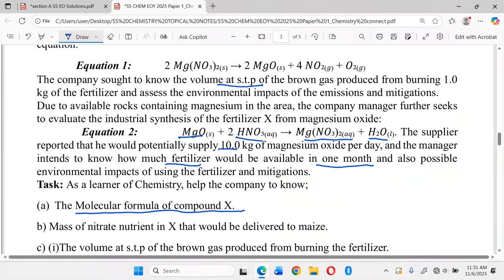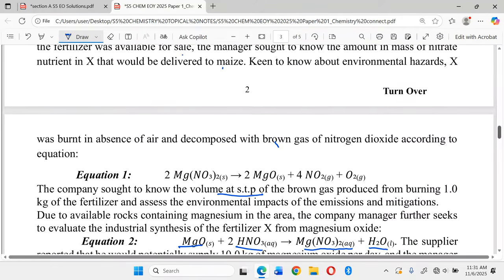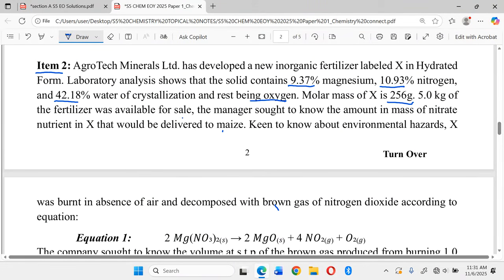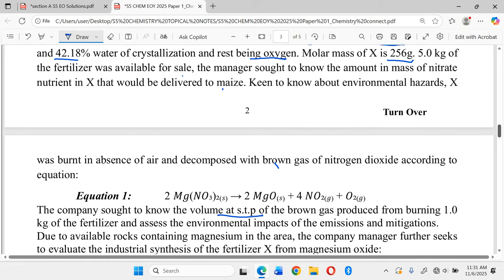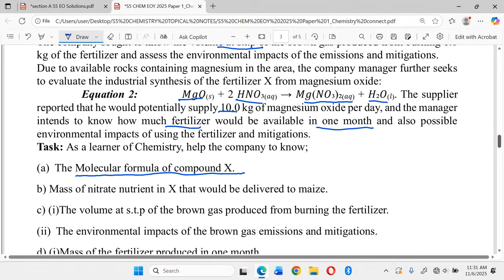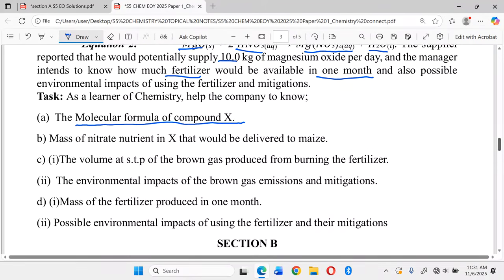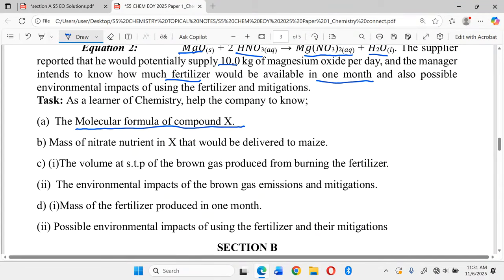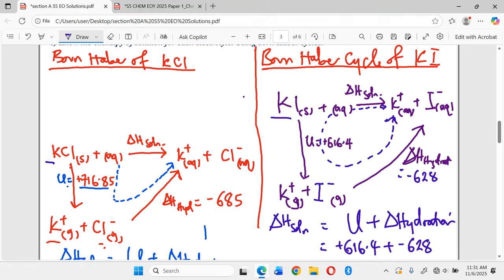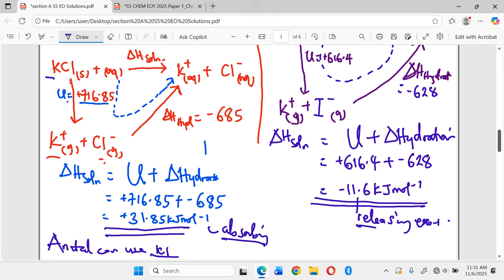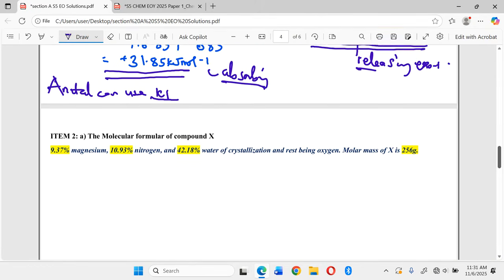You recall they have given us some data up here about this X. It is hydrated. They have given us the percentage composition of elements present and even water of crystallization, plus the molar mass. So if we have all those, I believe we can be able to respond to them. So let's go direct to our area where we are doing our solutions.